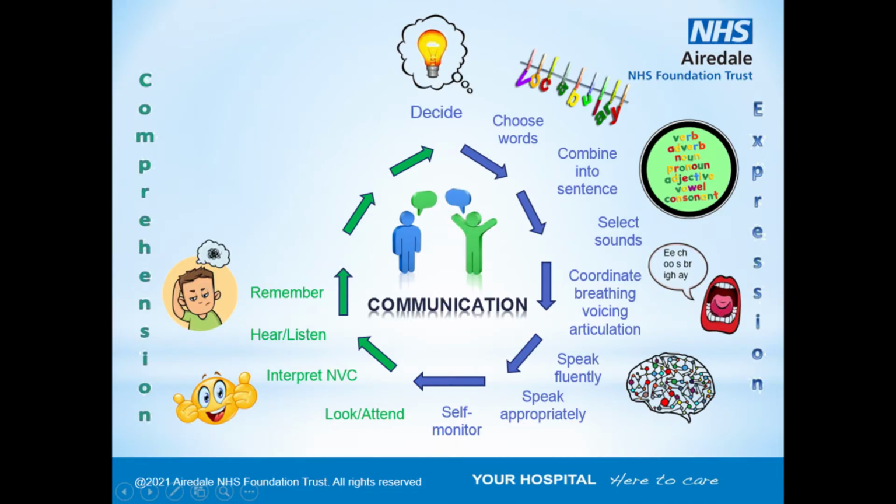Memory is a big part of understanding. When somebody says something to us, especially if it's quite a long thing, what we have to do is hold that sentence in our auditory memory for long enough for our brain to make sense of it.